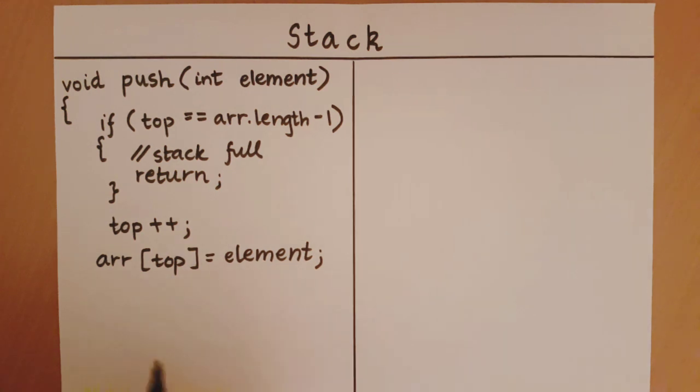After this, we say array of 0 is equal to element. So the first element which is pushed into the stack is stored in array of 0, which is exactly what we want. So that is why we initialize top to -1. Now we have set array of top is equal to element and our work here is done. So the push function has been successfully written.